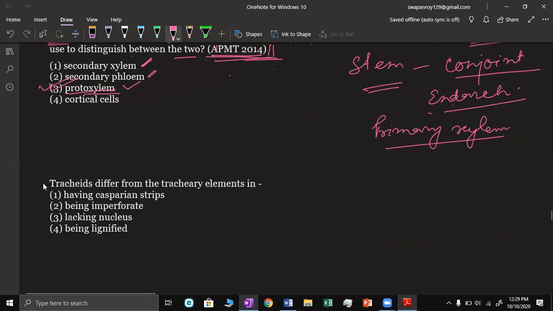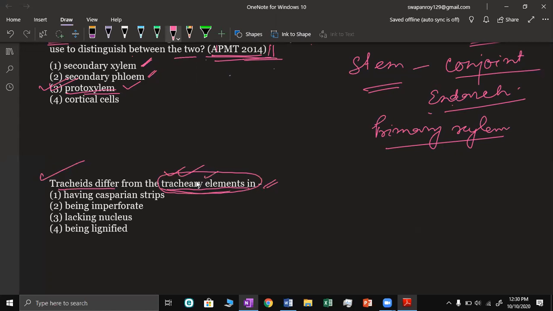Next question. The tracheids differ from the tracheary elements. Of course, I forgot to note that this question was asked in some AIPMT, but in this question, a little correction should be there.